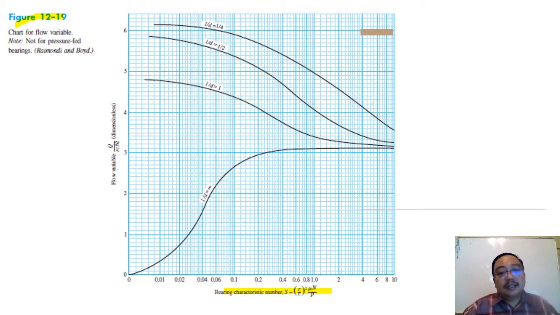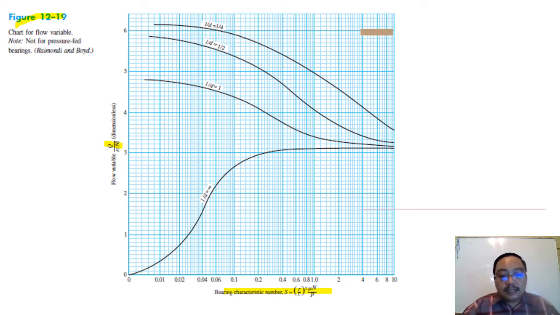Here you can see on the y-axis is the flow rate, Q over r c n L. So you want to know Q, and the information for the journal radius, the clearance, and all these other terms below, you already know from the previous question.